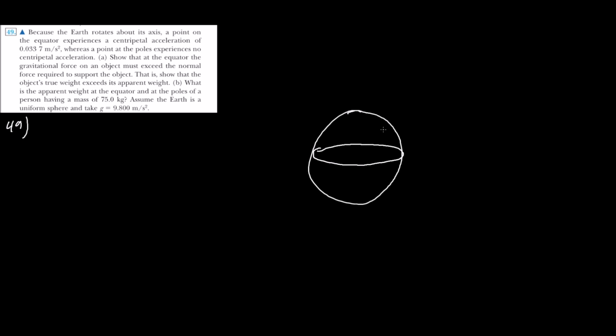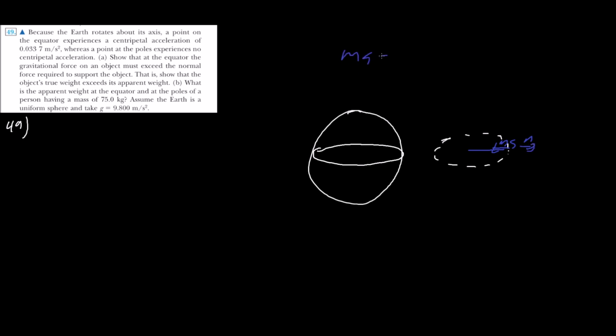And what I'm going to do is at the equator, when this thing is rotating, as the Earth rotates, you're going to have mg, and then you're going to have the normal force as the forces.